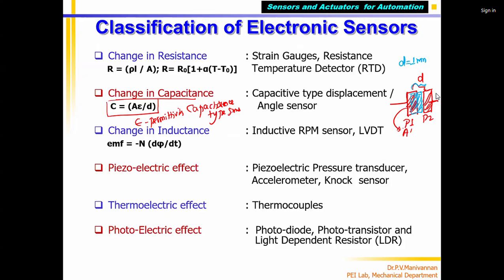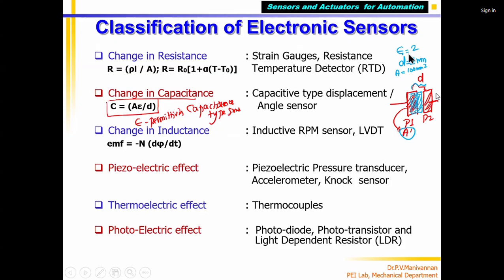The area of the conducting plates, I say A equals 100 mm square. Then the dielectric material in between has a relative permittivity equal to, for example, 2.